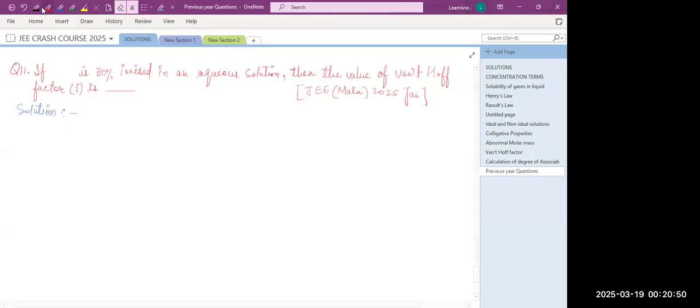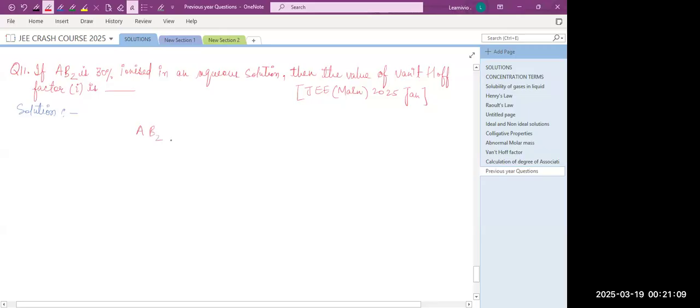See, this is AB2. Okay, first write down the ionization equation.